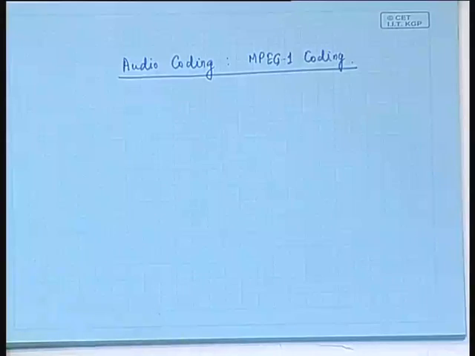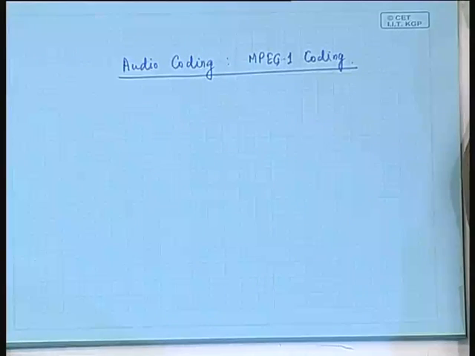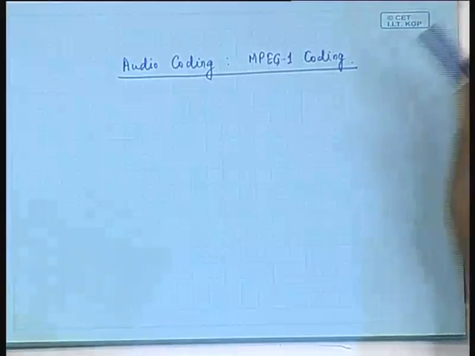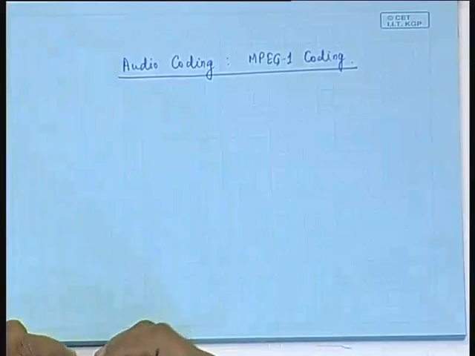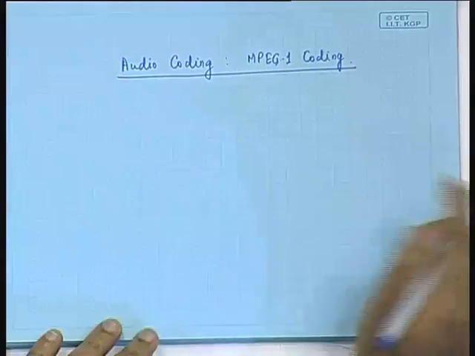So, we will first start with the MPEG-1 audio coding basics. The basic flow diagram that is followed in MPEG-1 audio coding goes like this.